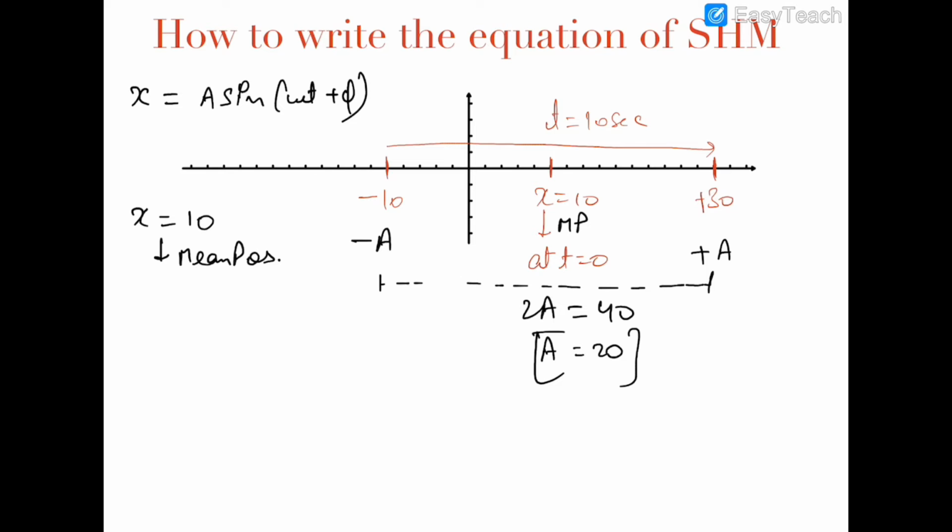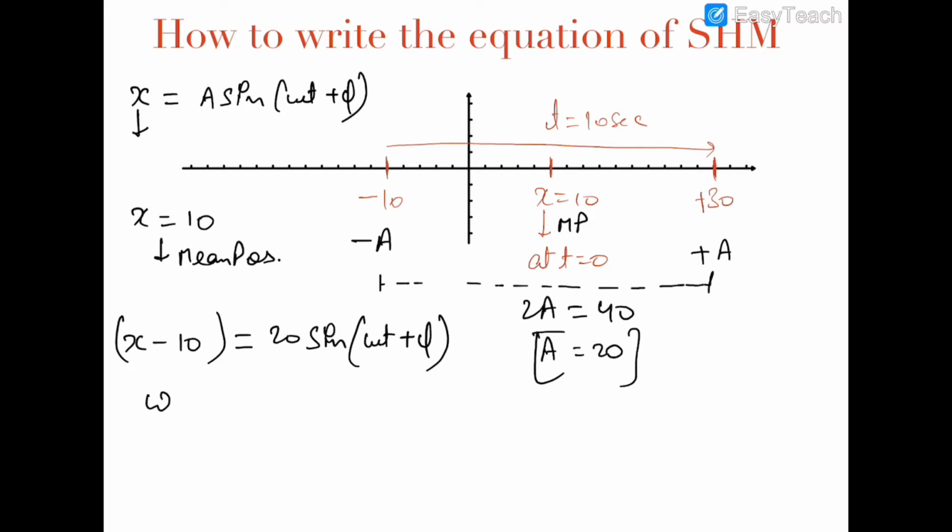When the mean position is not the origin, then we substitute x as x minus the mean position. So this mean position is 10, therefore x would be replaced by x minus 10. Now that is equal to the amplitude, where a is 20, sine omega t plus phi.